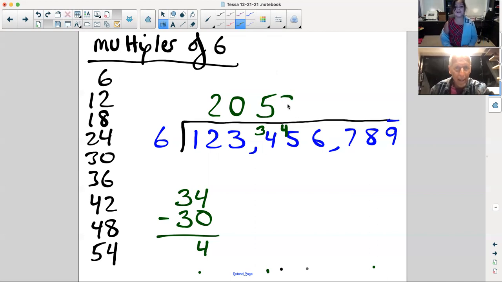It's not an 8, Tessa. 6 doesn't go into 45 2 times. That's 12. Oh, it goes in. How many times does 6 go into 45? Tessa, can you stop bouncing, please?